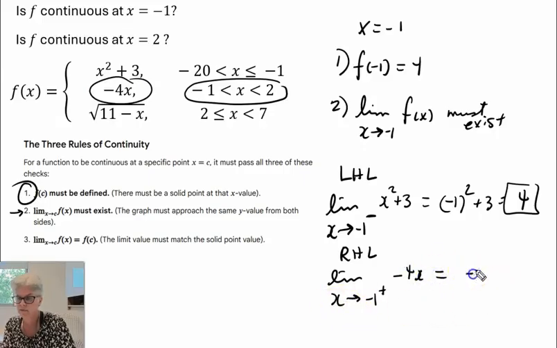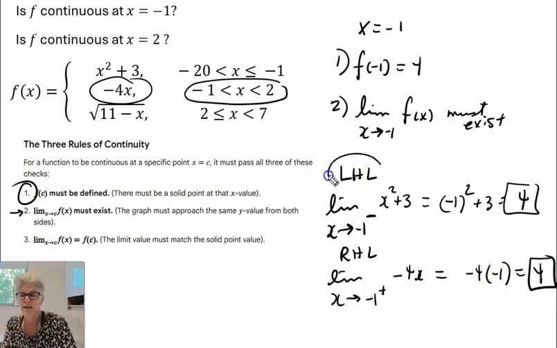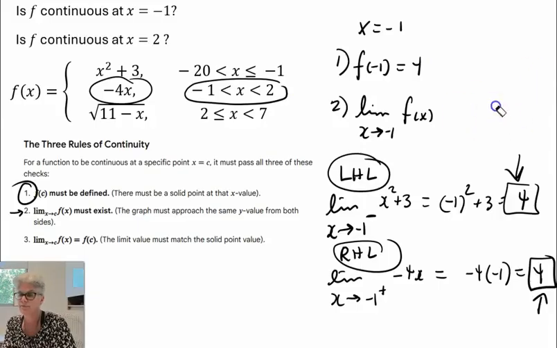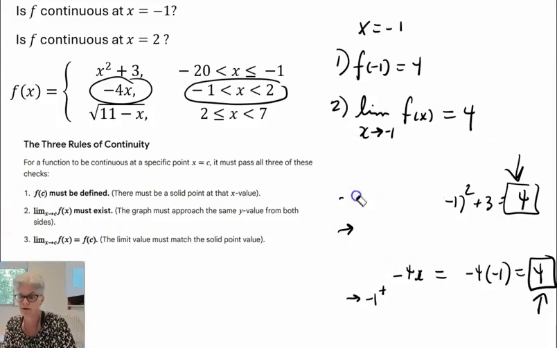And I can just plug -1 into that. So my left-hand limit and my right-hand limit are the same. Therefore, the limit exists and it will equal 4. So there are my conditions 1 and 2 satisfied.